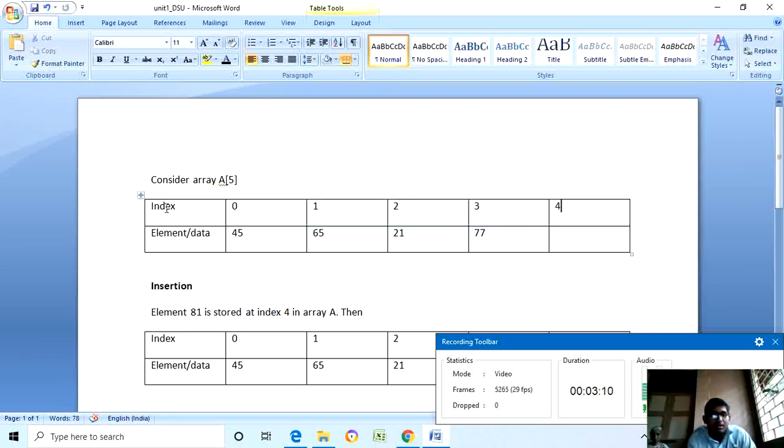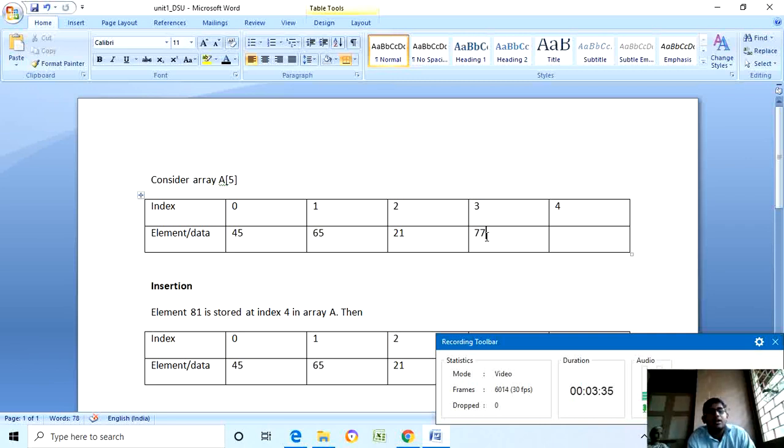I have created this particular representation in which the first row represents the indices of an array and the second row represents the element or data which is present in the array. In order to access a particular element, we have to use the indices of the array. The elements or data are 45, 65, 21 and 77.